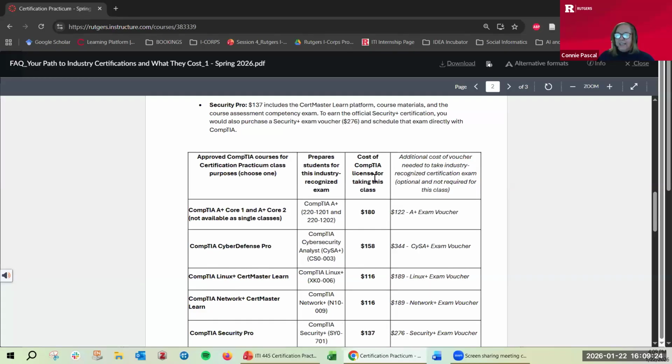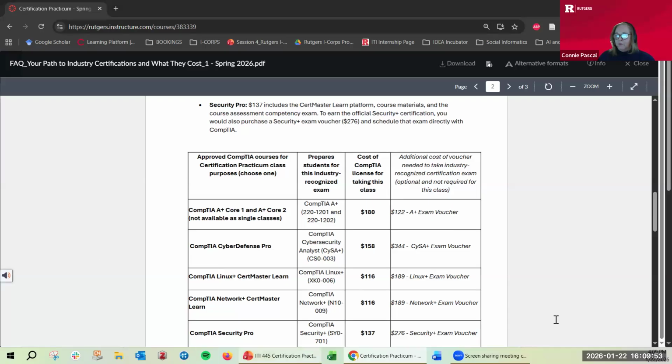This is the industry-recognized exam that this course prepares you for. This is the cost of the license, and this is the cost of the exam voucher, if it's something you want to get after you take this course. If you want to take the industry-recognized exam, you can get it at a discount.